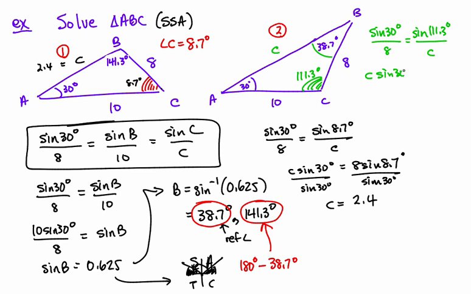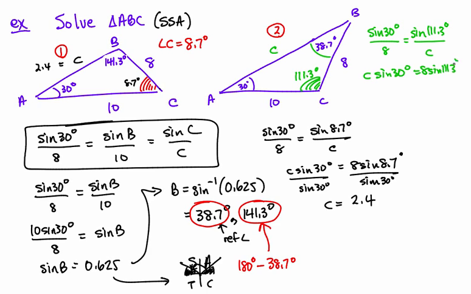C sine 30 is equal to 8 sine 111.3 degrees, and divide both sides by sine 30, and calculate what the C value is. And in this case, I get a C value of 14.9.